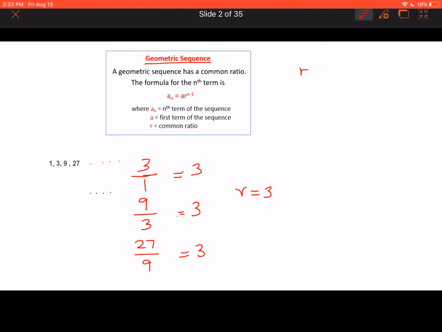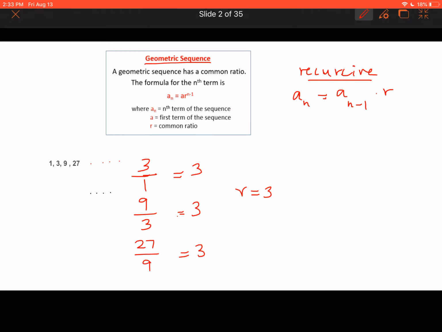If you want the recursive formula, that is, whenever we know the value of the previous term and want to find the value of the next term, we use the recursive formula, which is a_n equals a_(n-1) times r.